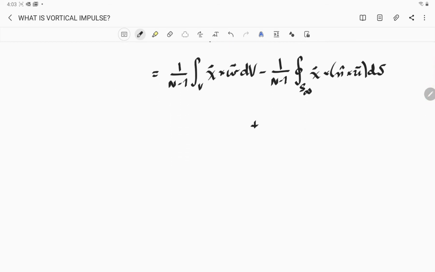And we're going to have to introduce with the opposite sign because of our convention the same integrand but integrated over SB, the body surface.